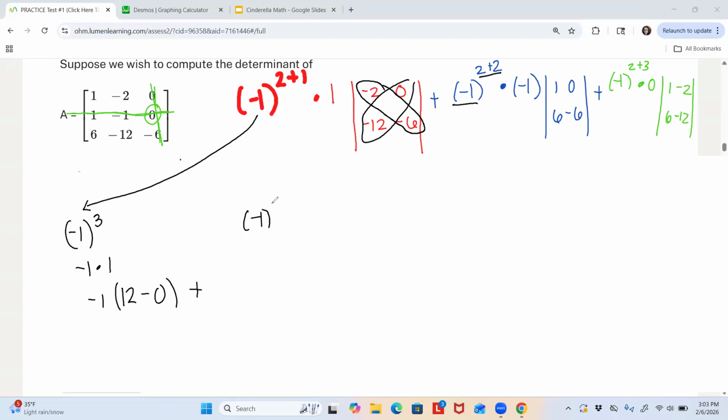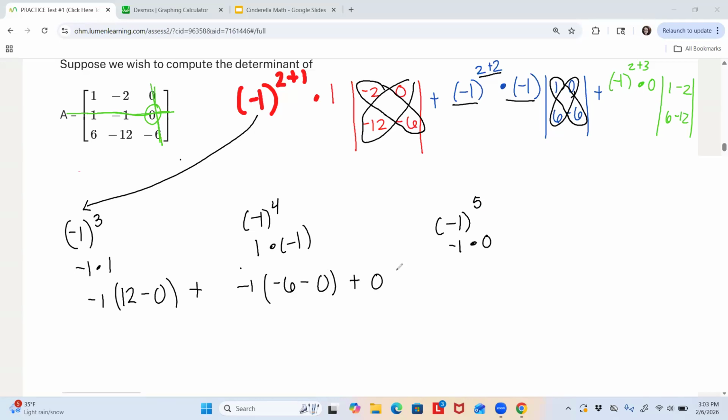That would be -1 to the 4th, so that's 1 times, what do we have there? -1, so that's going to be -1, and then let's go this determinant, go crossways, that'd be -6, always minus 0. Plus, this would be -1, the green, to the 5th, so that's -1 times 0, so that's going to be 0. This determinant, this one really doesn't matter because it's going to be 0. -12, always minus 0, which will turn to plus.